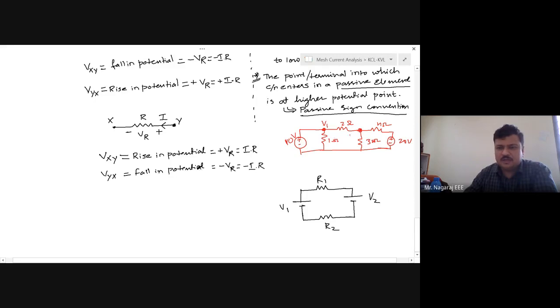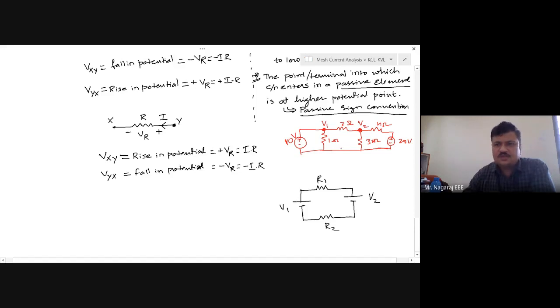Similarly, the current in the second loop or mesh will depend upon the voltage values of V1 and V2 and the current in the 1 ohm and 3 ohm resistors. I will not know all these things the moment I get a circuit to analyze, so I have to start circuit analysis with certain assumptions.